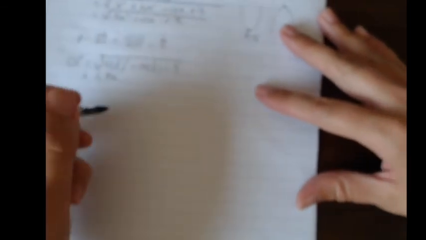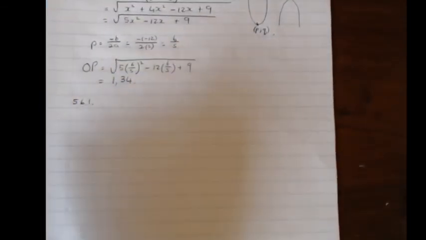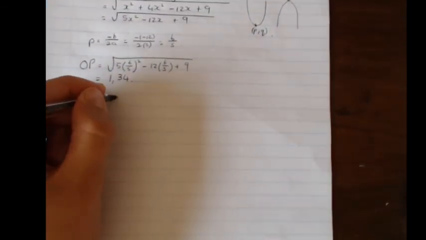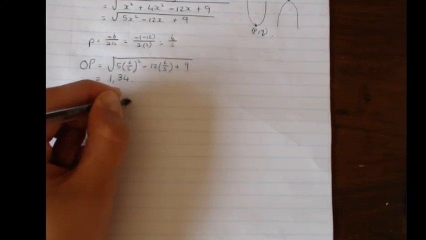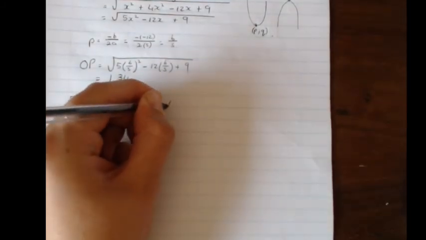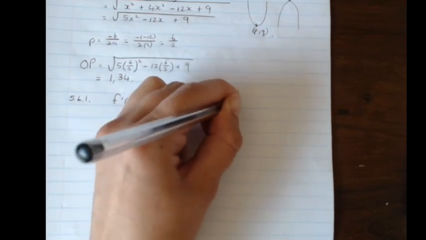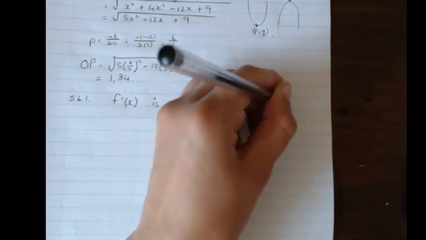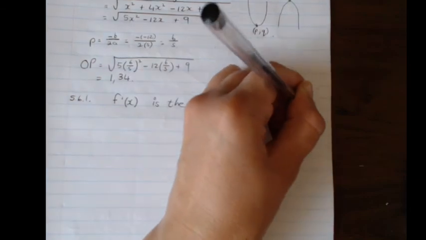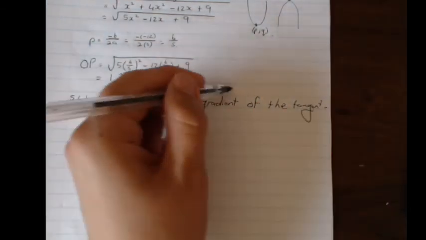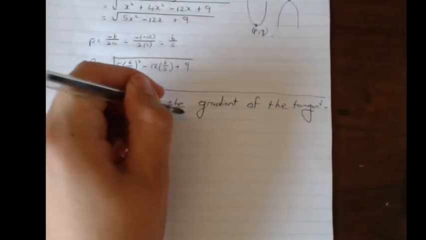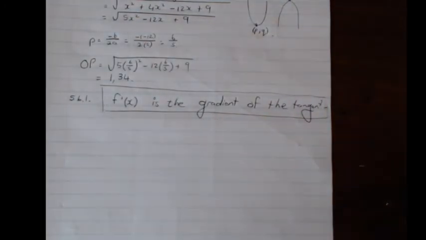Now, if you've started with calculus, hopefully you know this already. This is super important in calculus. In calculus, the derivative of a function is the gradient of the tangent. Okay. The derivative is the gradient of the tangent, right? So explain why f has a local minimum.